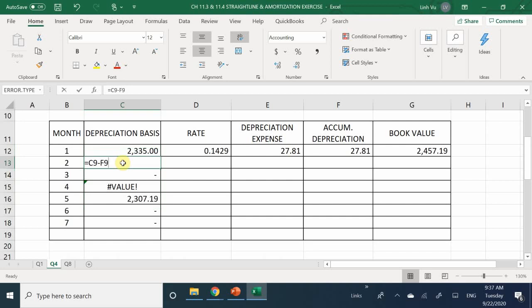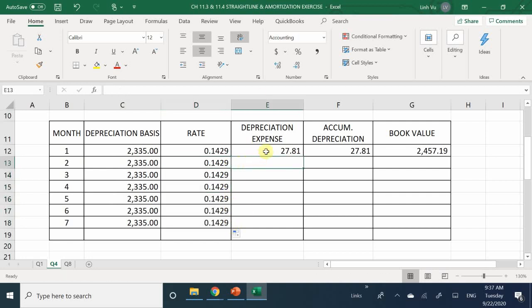Let's hold on. 2335. All right, I keep forgetting that my formula will not apply. So there you go. My rate is still going to be this number here, which is the 1429 because I rounded, for those who have calculators.